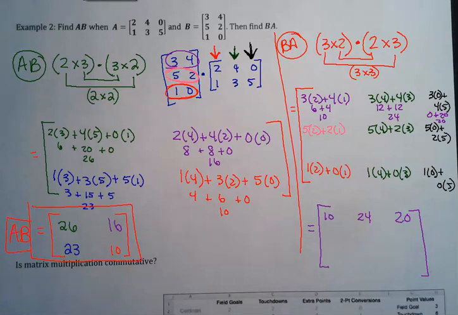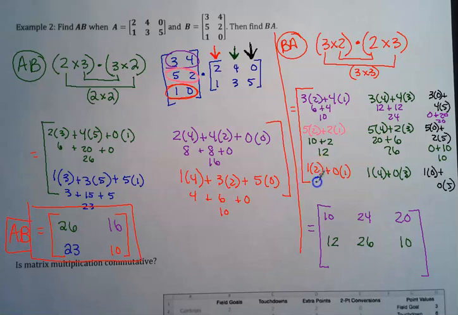Okay. Second row, 5 times 2 is 10, plus 2 times 1 is 2. So I've got 12. 5 times 4 is 20, plus 2 times 3, which is 6. So 26. 5 times 0 is 0, plus 2 times 5 is 10, so 10. Row 2 is done.